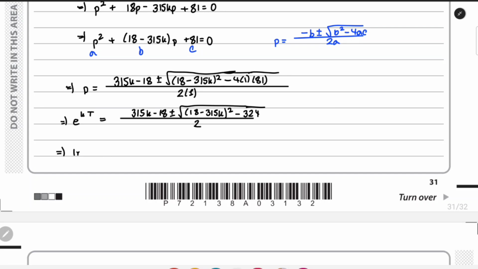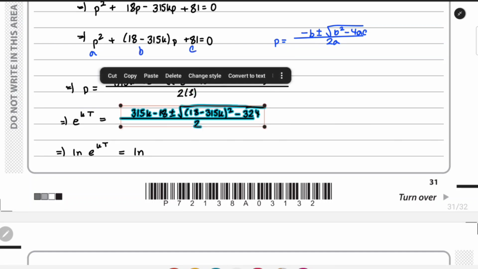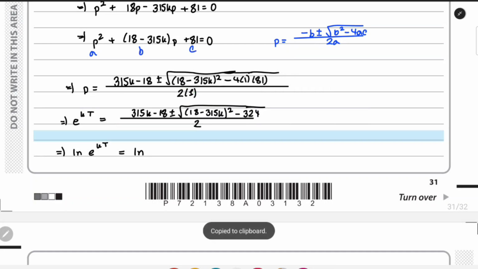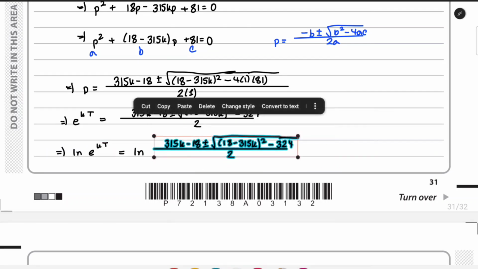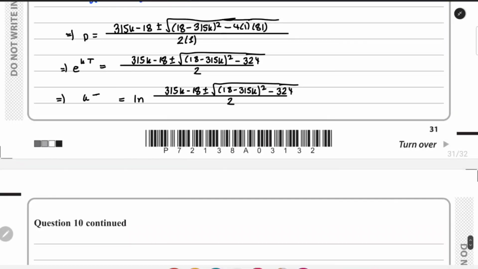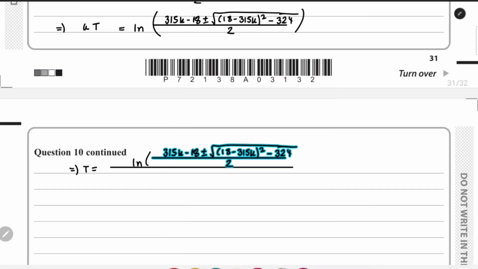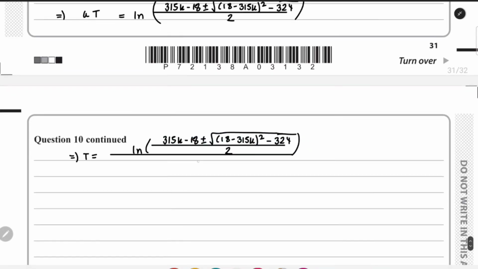So ln e to the power kt is equal to ln this expression over here. Ln e to the power kt is the same as k times t. So to find t, I'll divide the right side by k. So ln of the expression over here divided by k is the value of t.